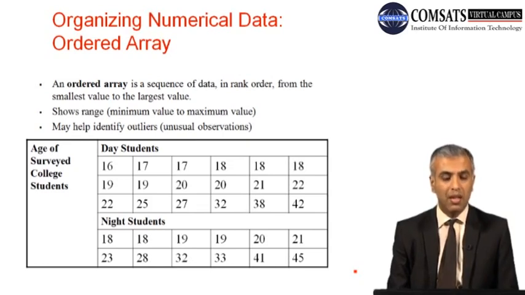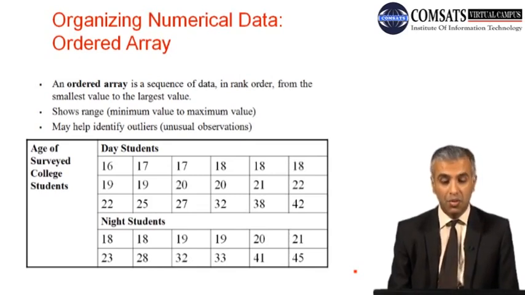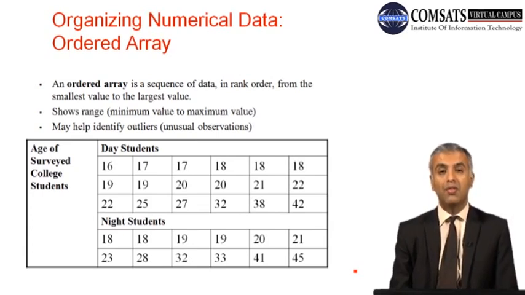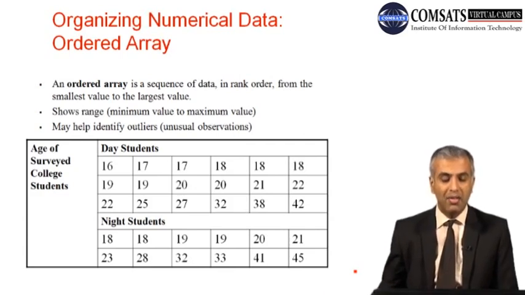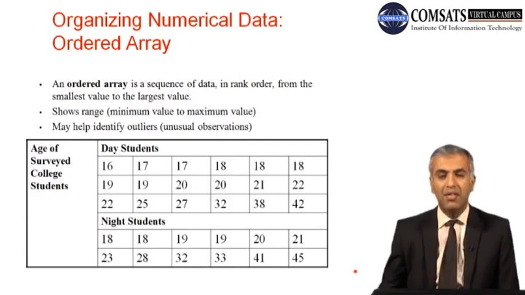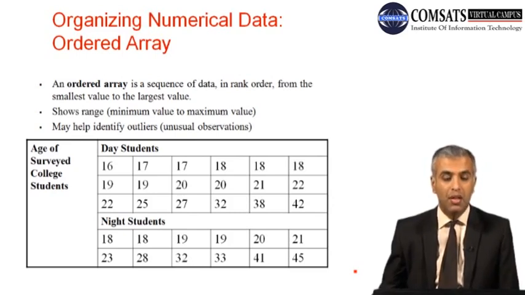Let's say we want a survey of the age of college students, which ranges from 16 to 42 for day students, and from 18 to 45 for night students. So it gives us a brief distribution of data. Then again, it can show us some outliers, some unusual values which can be a problem for us in future.